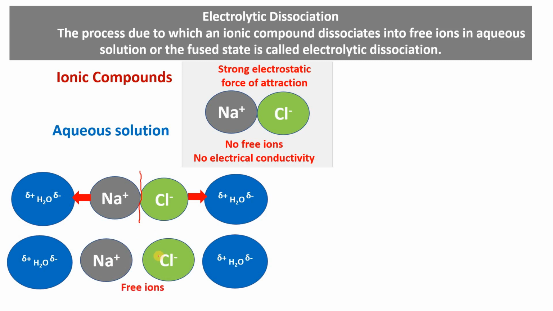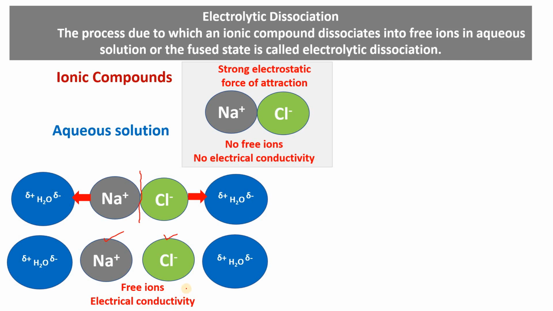Now in the aqueous solution there are free ions, and it is because of this presence of free mobile ions that sodium chloride aqueous solution conducts electricity and hence acts as an electrolyte.